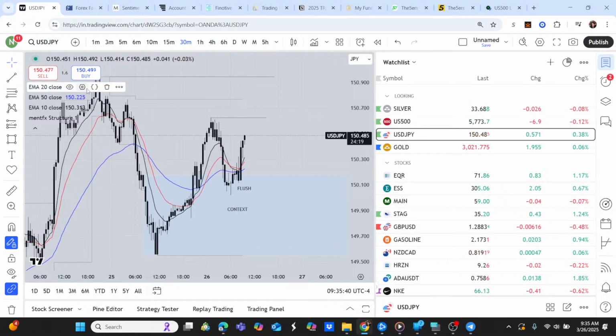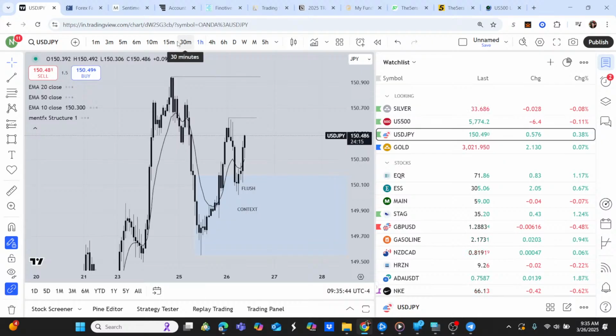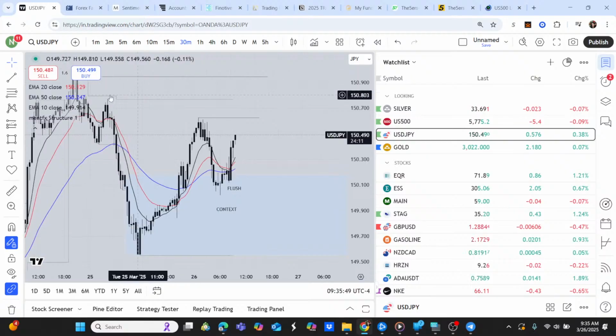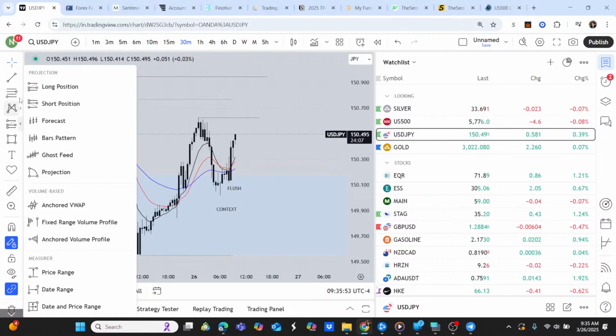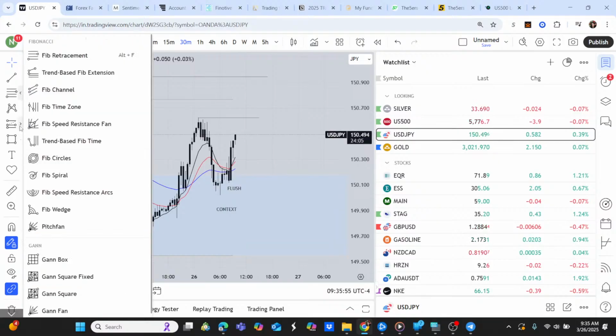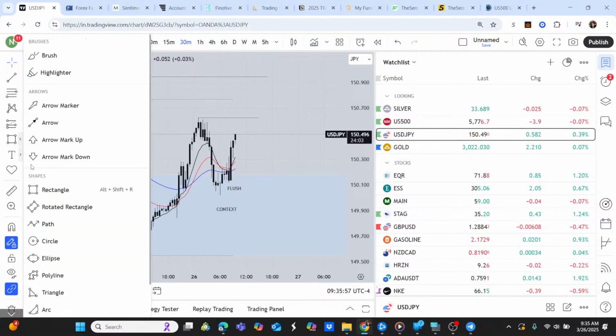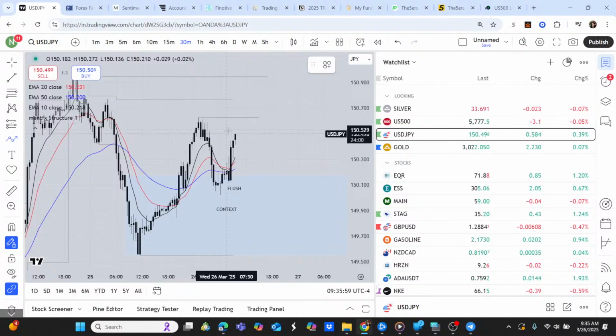If we can, let's see, give me a minute. If we can basically do this, have it come down to that 10 or 20, I could look for a setup.